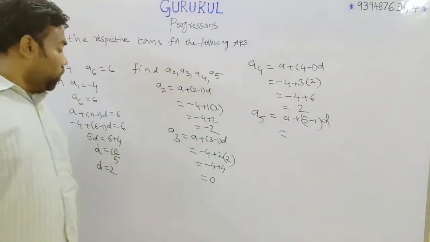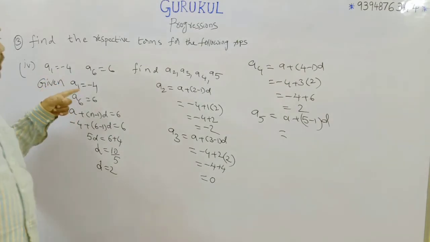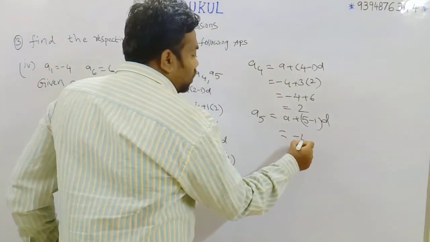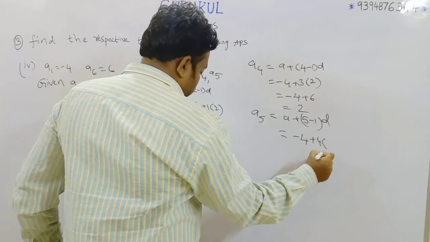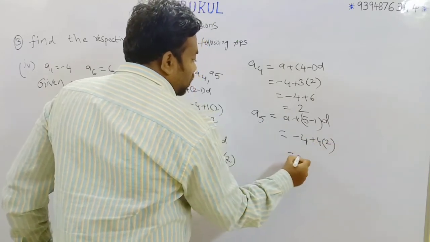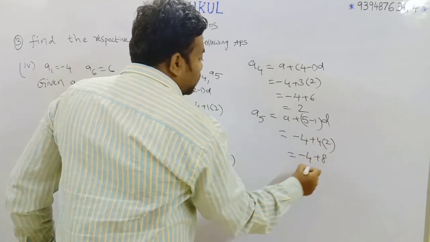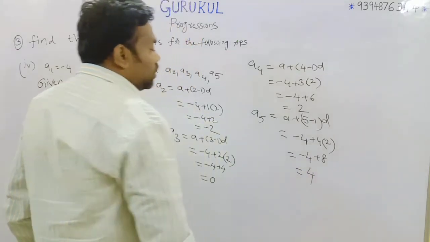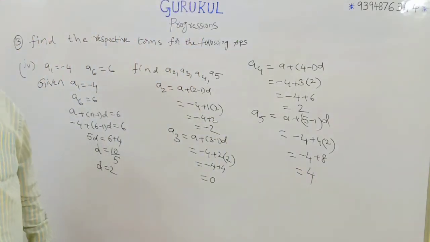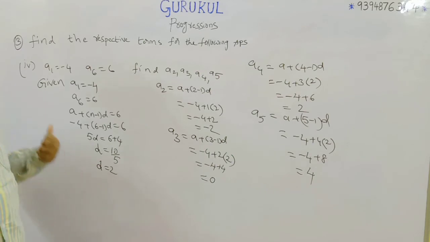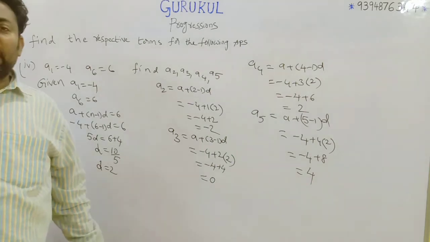Here a value first term is minus 4, plus 4 into d value 2, minus 4 plus 8, 8 minus 4, 4. These are the a2, a3, a4, a5 values. So fourth problem is completed.